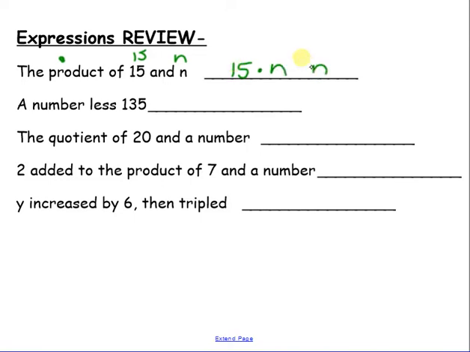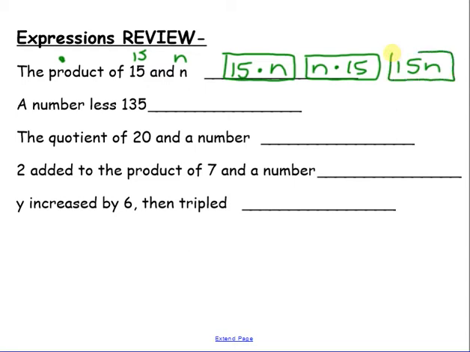We could write n, and let me sort of box them off so that you don't get confused. We could write n dot 15, but the best way to write it is 15n. It's the cleanest way. Okay, here we have, and let me switch colors, we have a number less.